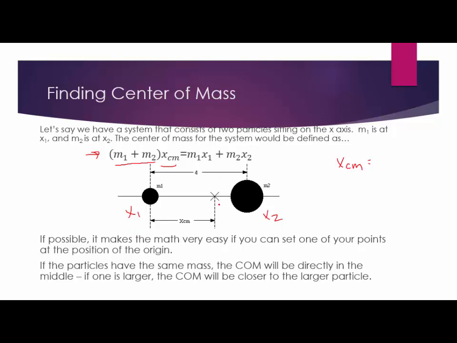This makes it really easy if we have the freedom to move these points wherever we'd like, because we can set x1 at the origin, which makes the math even easier. If the particles have the same mass, the center of mass is located exactly between them. If the particles have different masses, the center of mass is located closer to the bigger one.